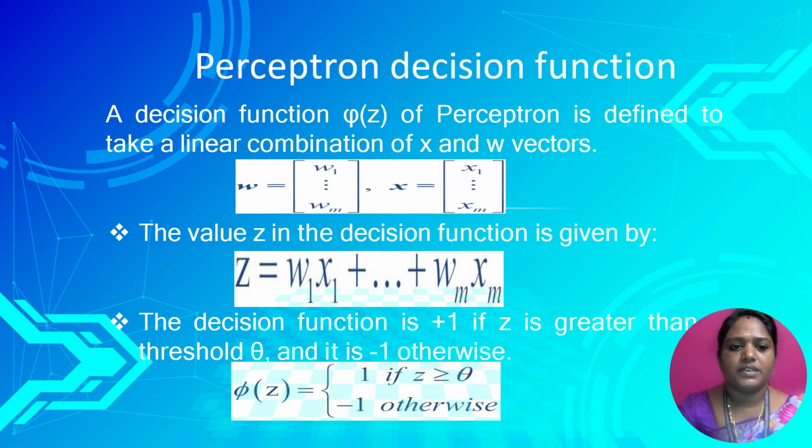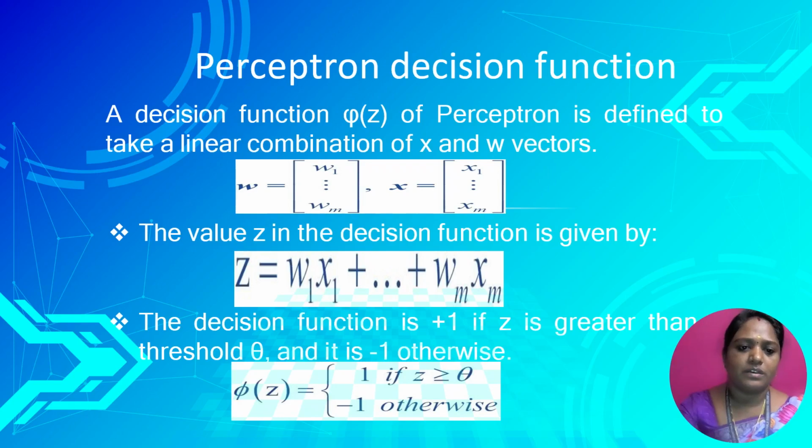Now let's see the perceptron decision function. The decision function is represented by Z of the perceptron, which takes a linear combination of the input values and the weight vector. The weights are represented as W1 to Wm and the input values as X1 to Xm.